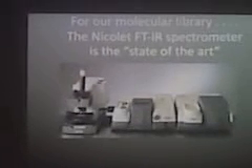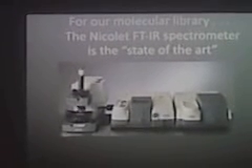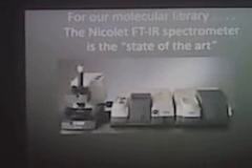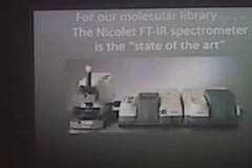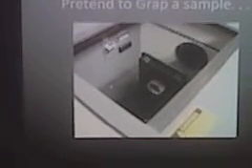And spectra are read again in wave numbers instead of nanometers. For our molecular library, the Nicolet FTIR spectrometer is the state-of-the-art system. Here's a Raman Nicolet spectrometer. So let's pretend to grab a sample, and let's take a look at some spectra.